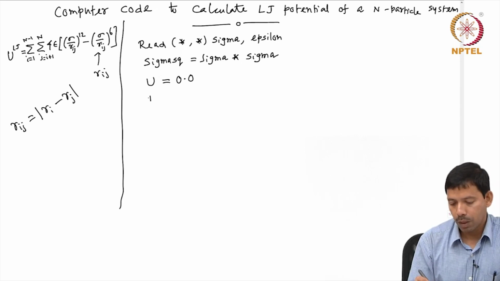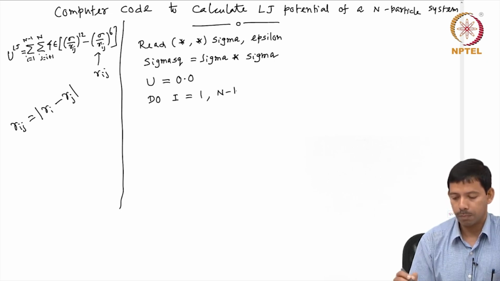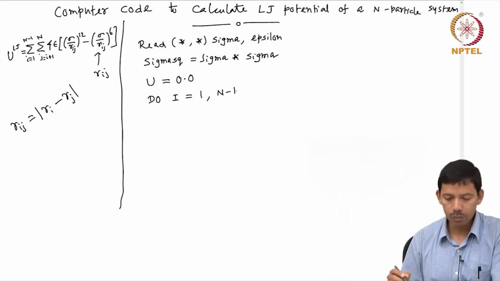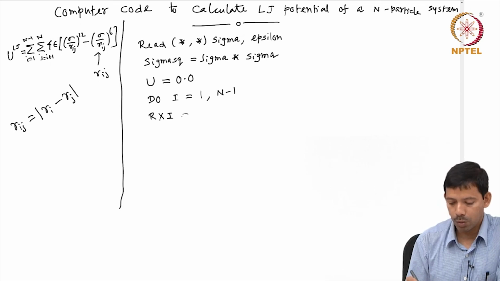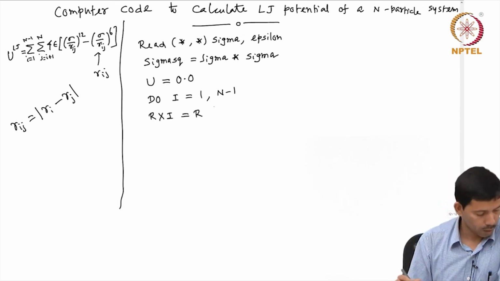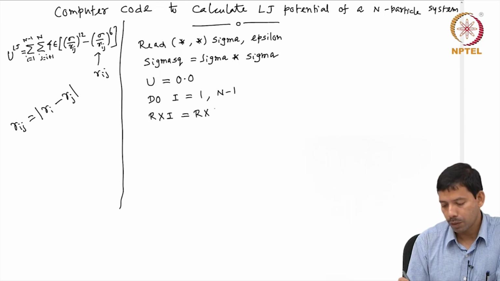Now I start my do loop: do i is equal to 1 to n minus 1. And my Rxi is equal to Rx(i), my Ryi, and so on.